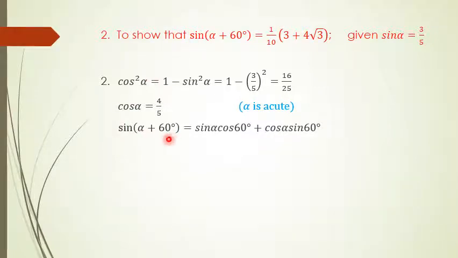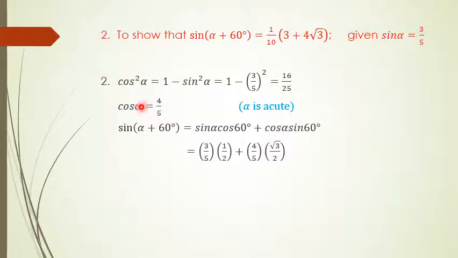That's sine(alpha plus 60 degrees) equal to sine alpha cos 60 degrees plus cos alpha sine 60 degrees. And we can now make the substitutions. Sine alpha we are given is 3 over 5. Cos 60 degrees is a special angle. Cos 60 degrees is half.